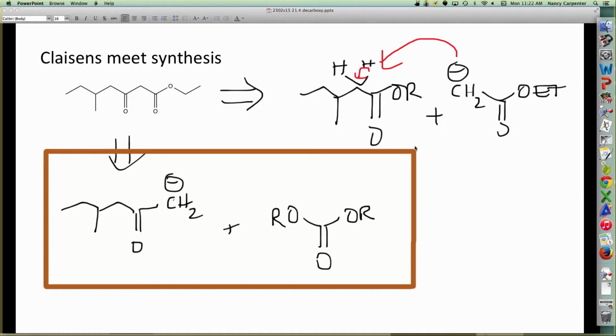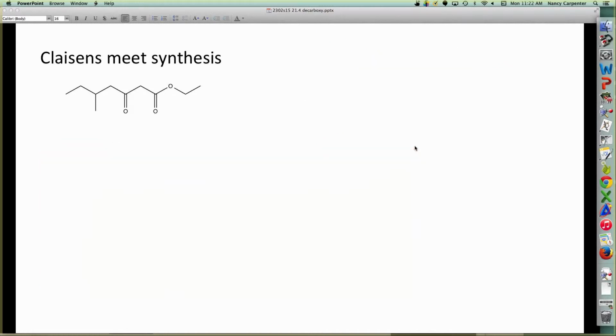Then I have two different kinds of enolates running around in my beaker, two different kinds of electrophiles, and like I said, yuck, not so good. So the way to go here is definitely to work backwards and make this guy from the addition of, we'll just put a generic R group because it really doesn't matter what the ester is. The alkoxy is just going to get kicked out.